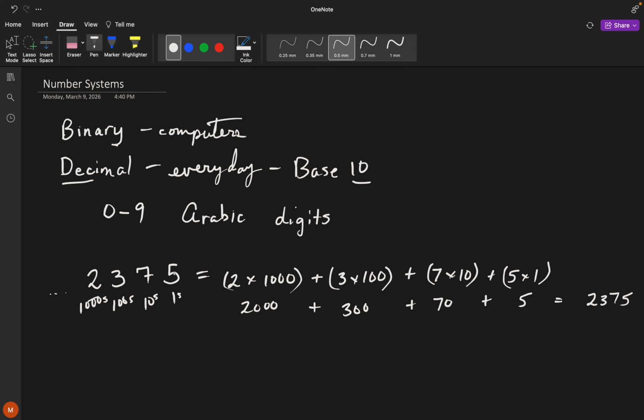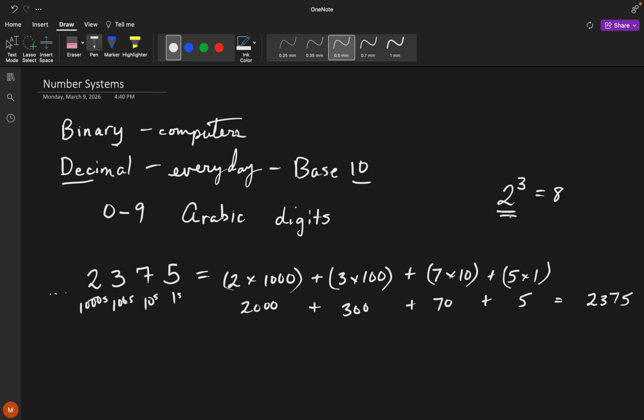Let's explain one step further why these place values are what they are. As I said, the decimal number system, our everyday number system, is called the base 10 system. And if you think back to algebra, we have bases are paired with what? Exponents. So for example, you can have a base 2 to the power of 3, or the exponent 3, is equal to 8.